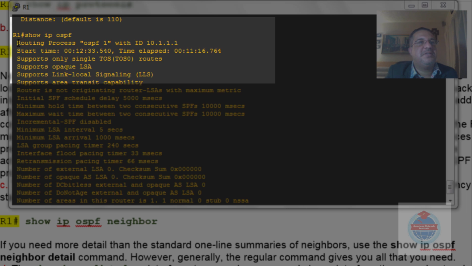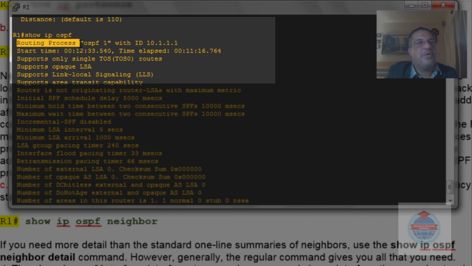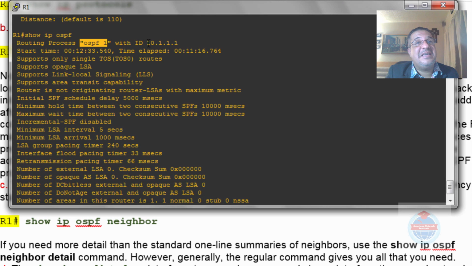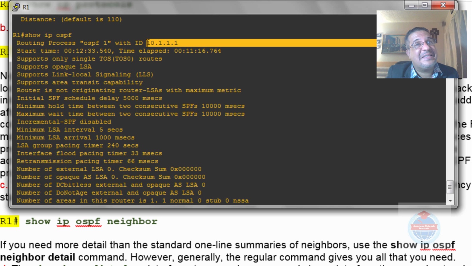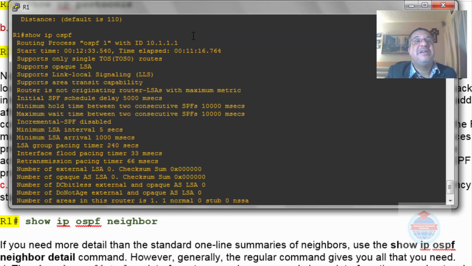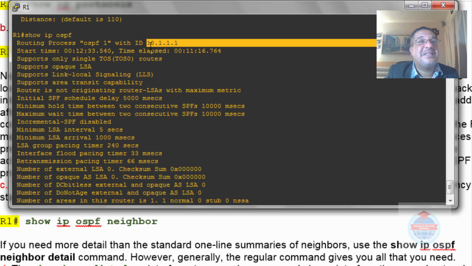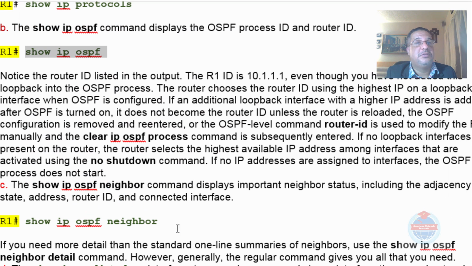Over here we can see, after this, the routing process that is called OSPF 1. Remember that this is the one that we called, and the ID is this one. Even though we haven't set that up and we haven't mentioned it, it automatically selects the highest IP number on the loopback. So remember that, guys. So let's start checking the next stuff over here.